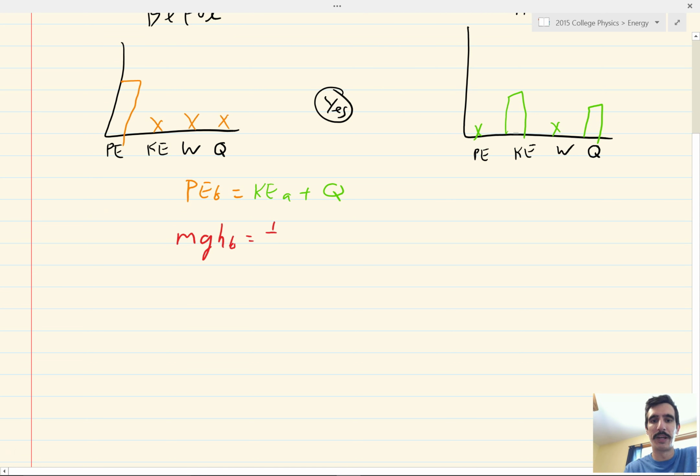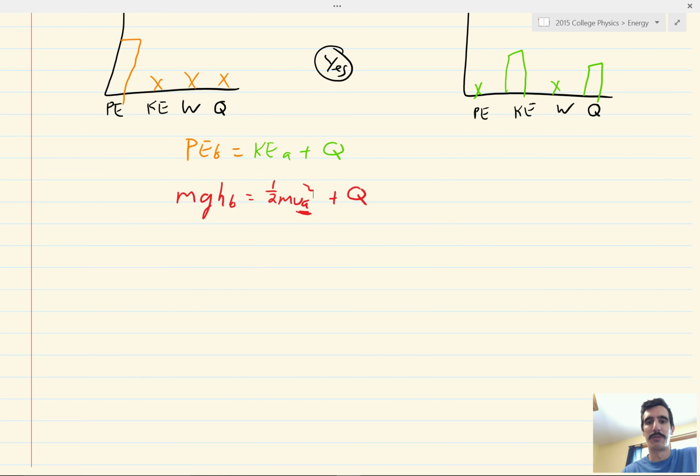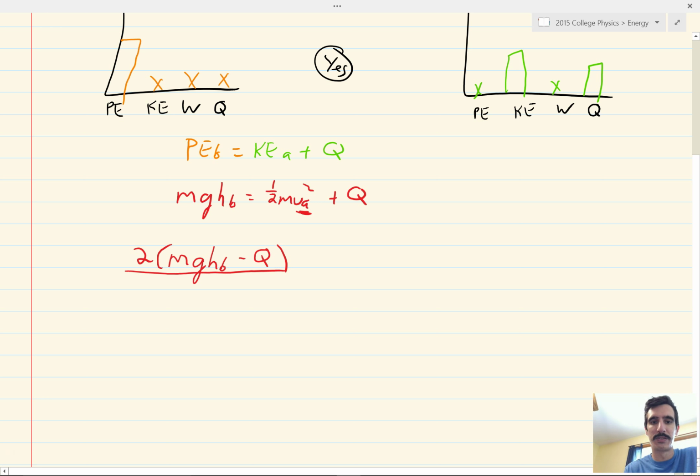It's equal to 1/2 mv squared, we can put after, plus Q. And our goal is to solve for the velocity after, or velocity right before it hits the ground. So we'll first subtract our Q, mgh before minus Q, multiply everything by 2 to get rid of the 1/2, divide everything by the mass, and square root it to get the v by itself.